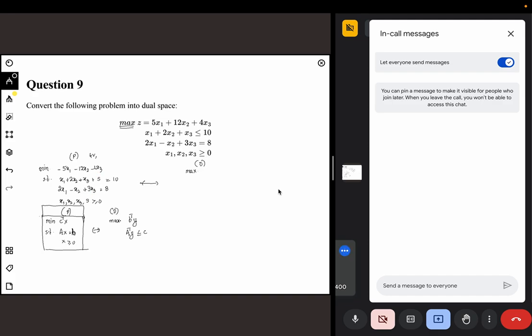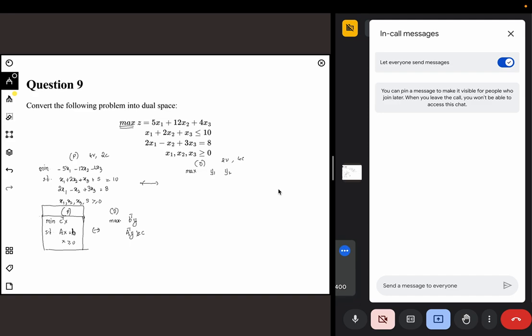This is 4 variables, 2 constraints. So how many variables will I have here? Here I will have 2 variables and 4 constraints. So my variables are y1 and y2. So what will be the values? What are the constants that I have to multiply here? Sorry, this is greater than or equal to c.